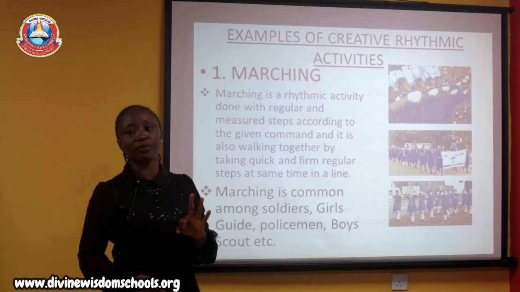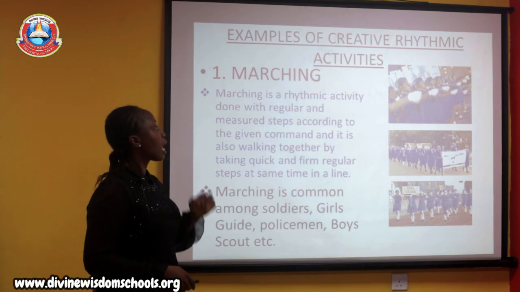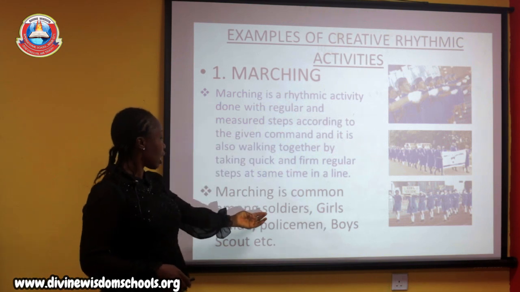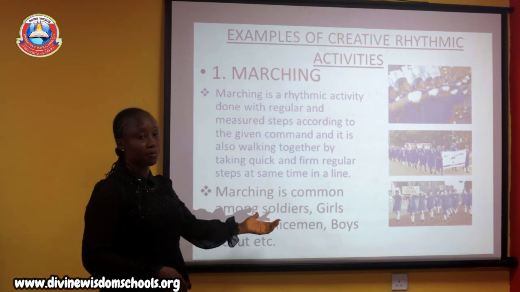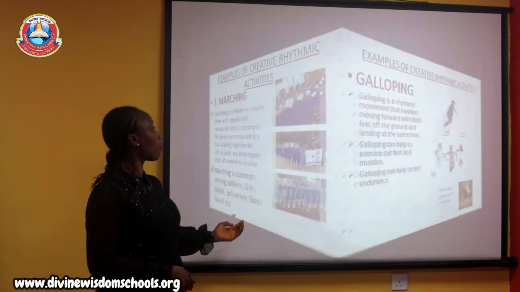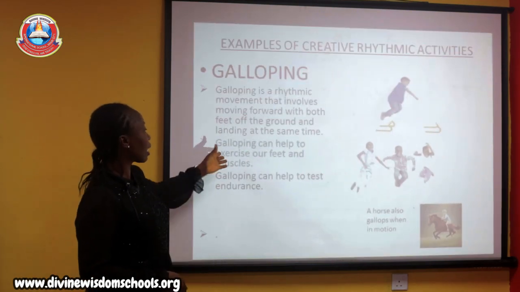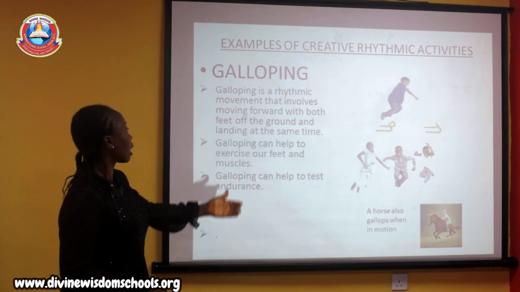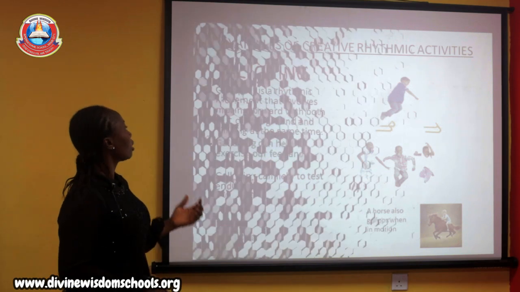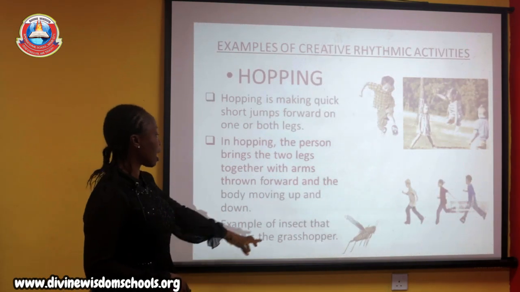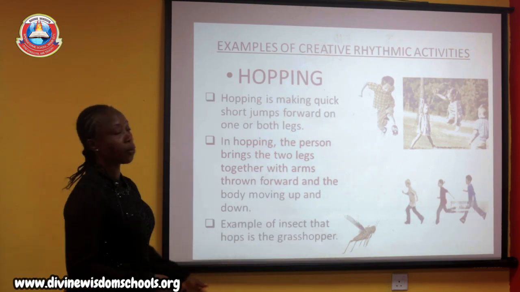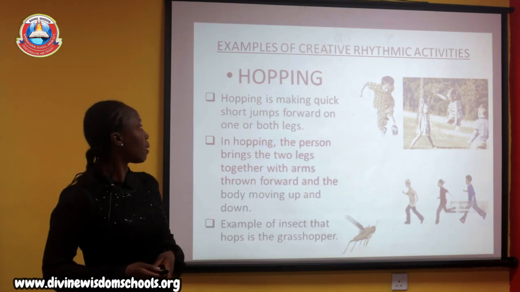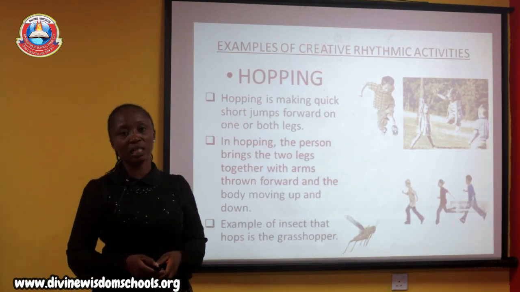Examples of people who carry out marching are the soldiers, the Girls Guild, policemen, Boy Scouts. Then for galloping, we have our horse as an example of an animal that gallops. Then in our hopping, we have the example of the grasshopper. It hops. I believe with this, you have understood what we mean by creative rhythmic activities.